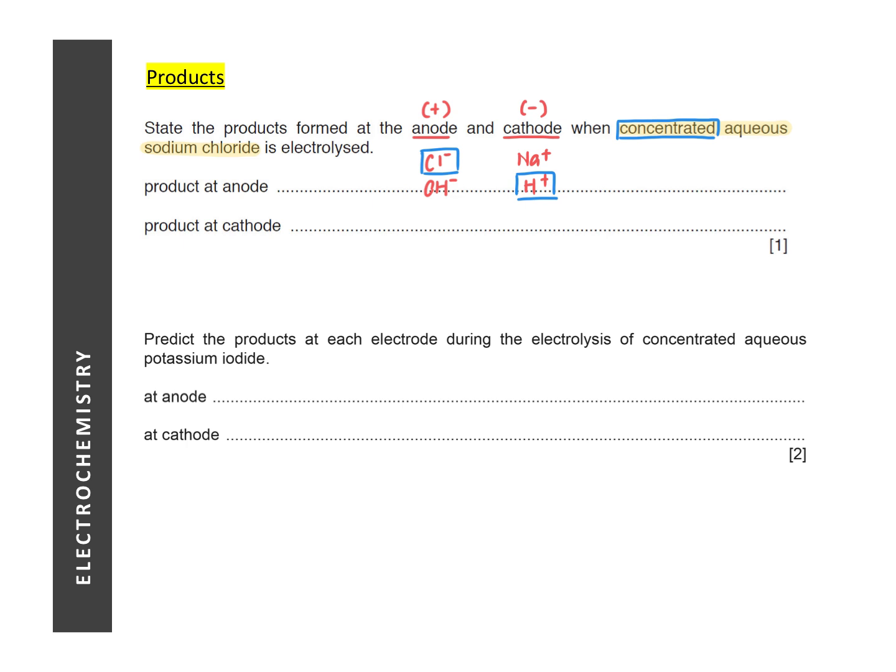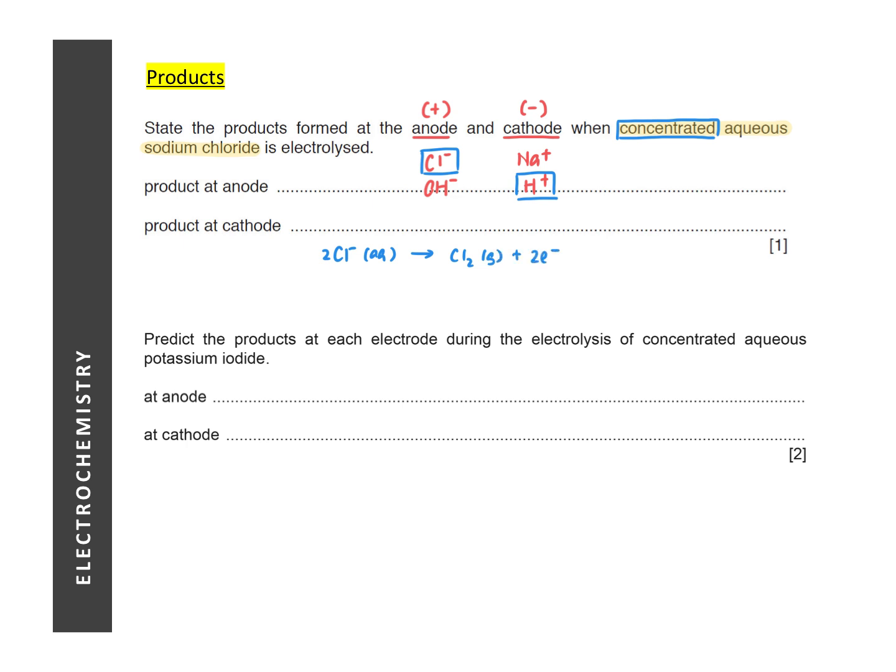Once we have established which ions are discharged at the respective electrodes, now we can write the half equations for the reactions that are happening at the anode and the cathode. Anode is the electrode where oxidation occurs, so your chloride ions are going to be oxidized to form chlorine gas.